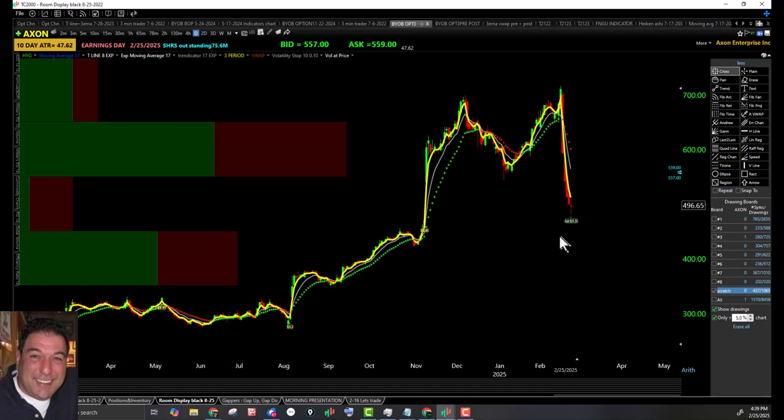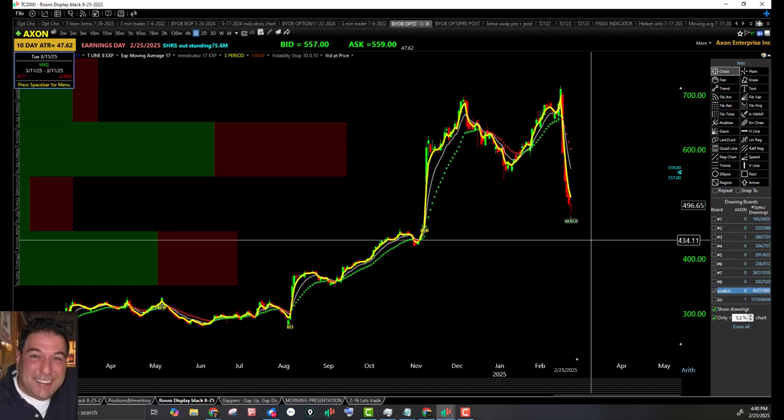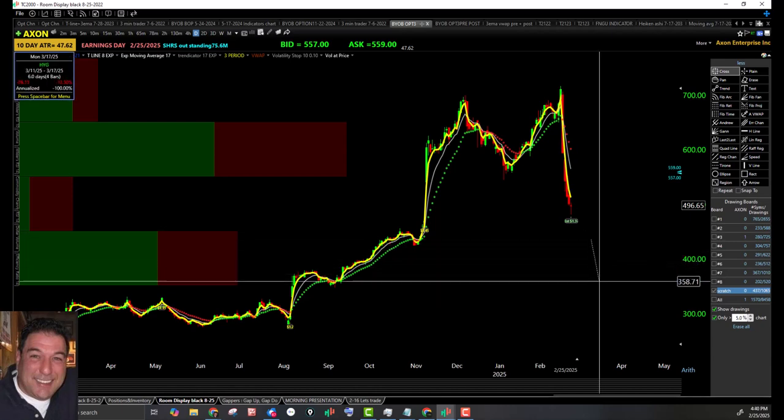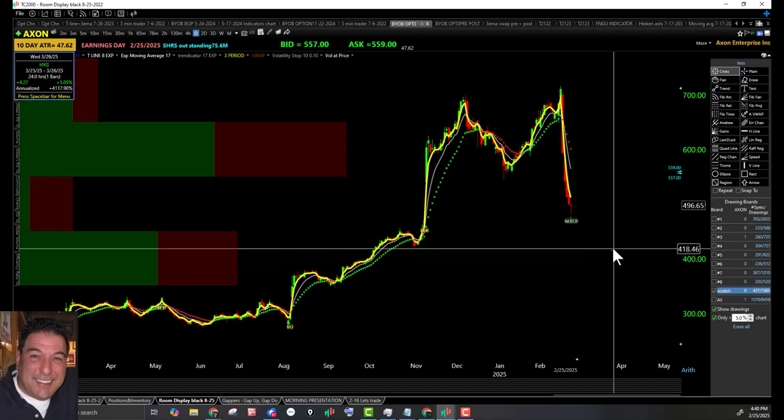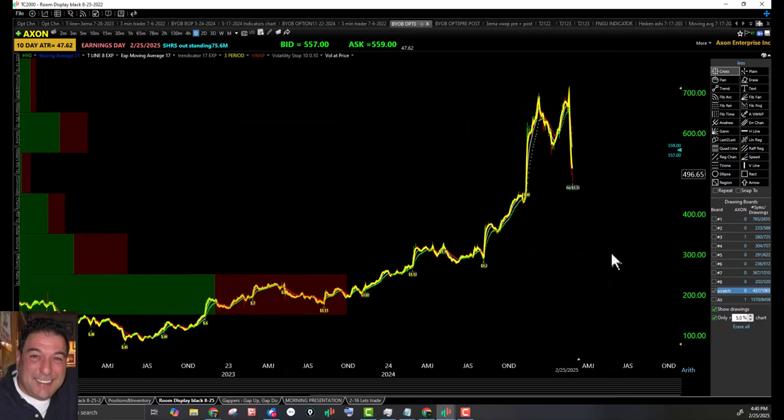I would not be bullish on this until I see support, and they just broke the valley right here. I don't know where they're going to find support, because I don't see any support for days.